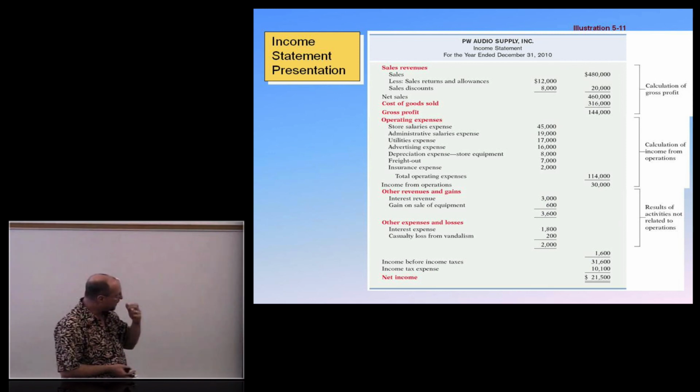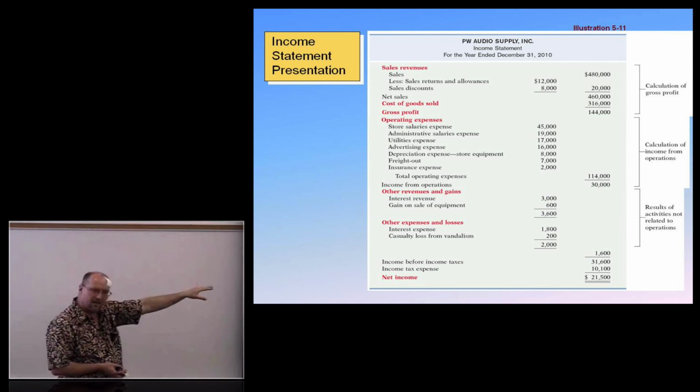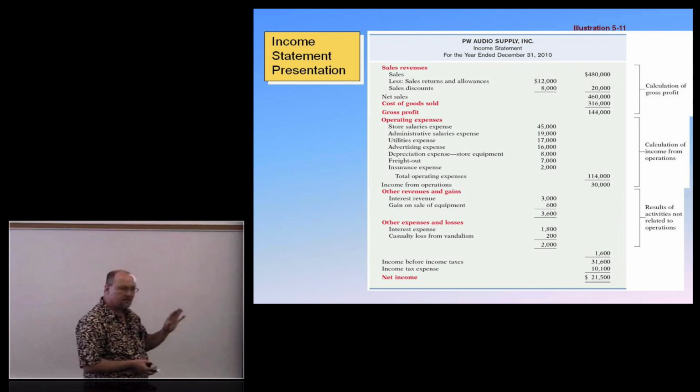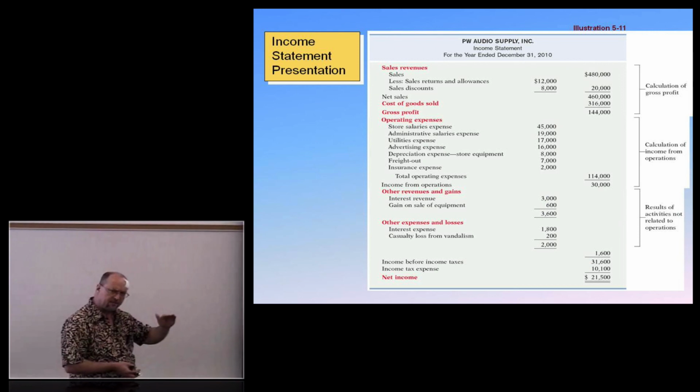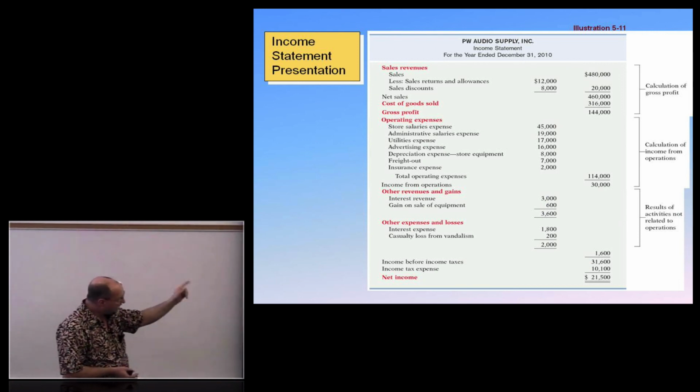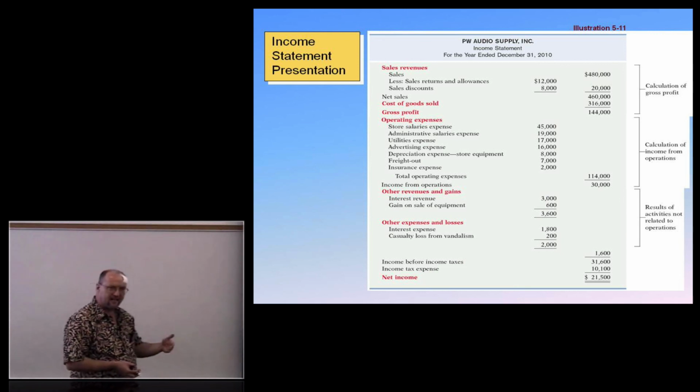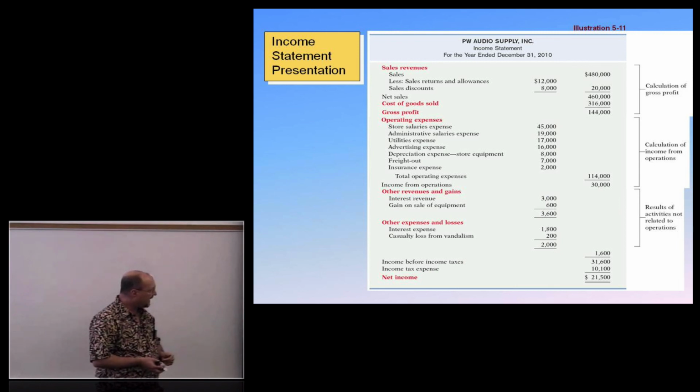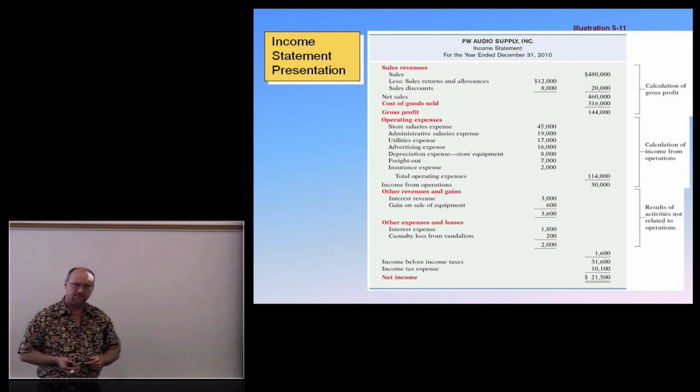So notice, gross profit minus, and in this example we've itemized a wide variety of operating expenses. You don't have to memorize those. Just remember selling expense and admin expense, two broad categories. So gross profit minus my operating expenses gives me what we call operating income, also called income from operations.